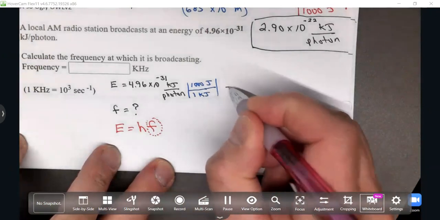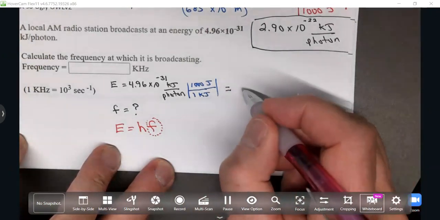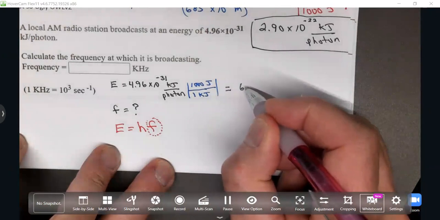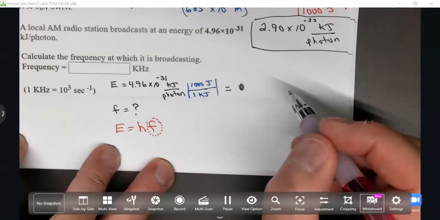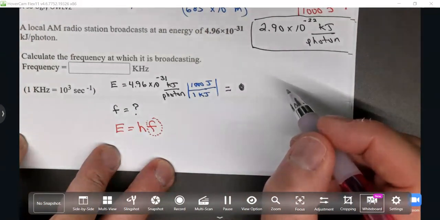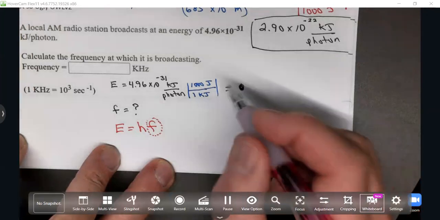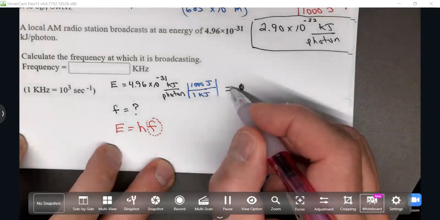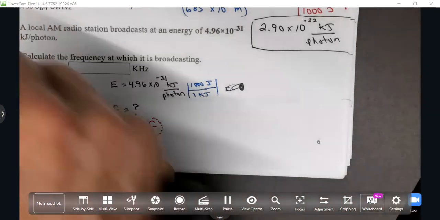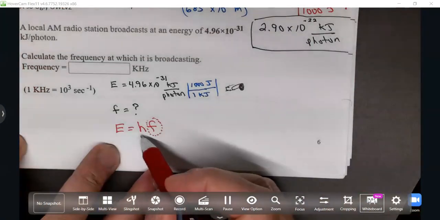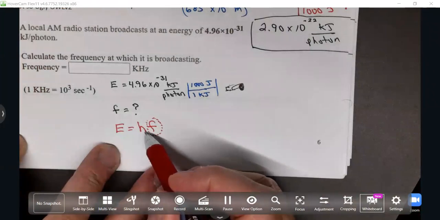So this, I'll do it right here. Oh, we could just add it to it right here. There's our energy. Let's just divide by Planck's constant.